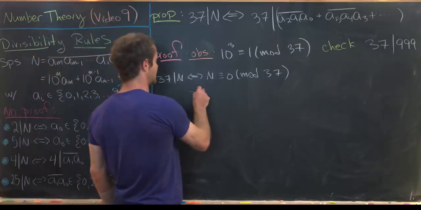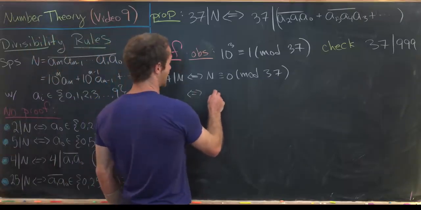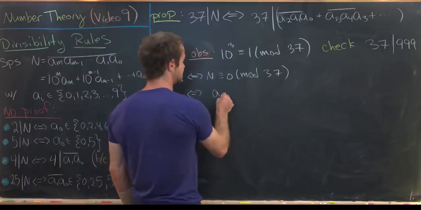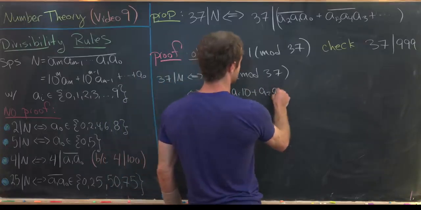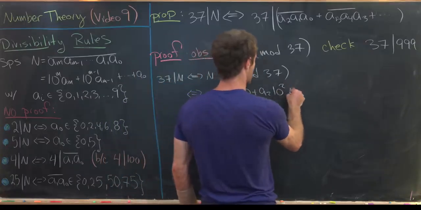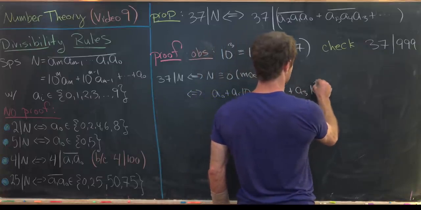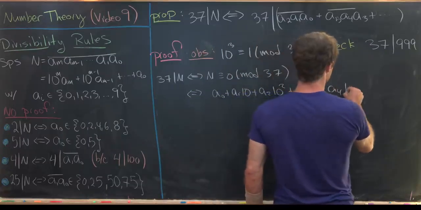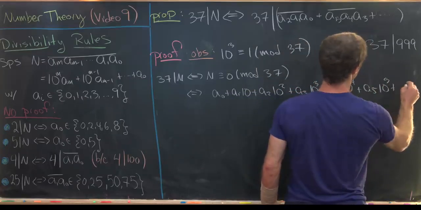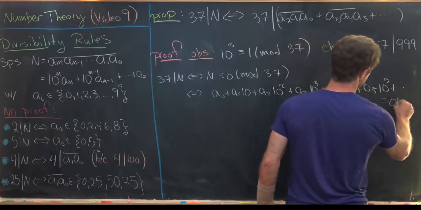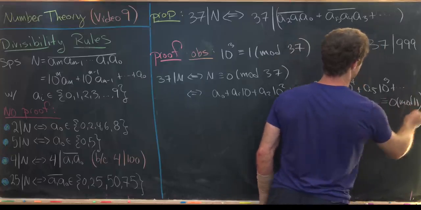But that's if and only if we have a0 plus a1 times 10 plus a2 times 10 squared plus a3 times 10 cubed plus a4 times 10 to the fourth plus a5 times 10 to the fifth plus dot dot dot is congruent to 0 mod 37.